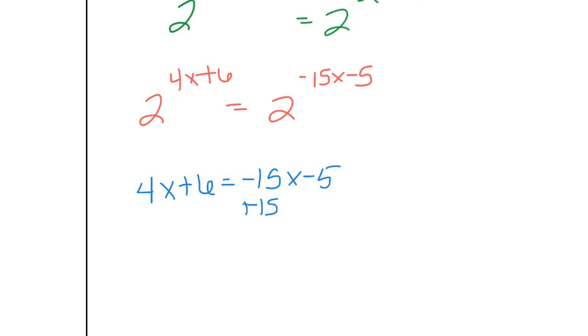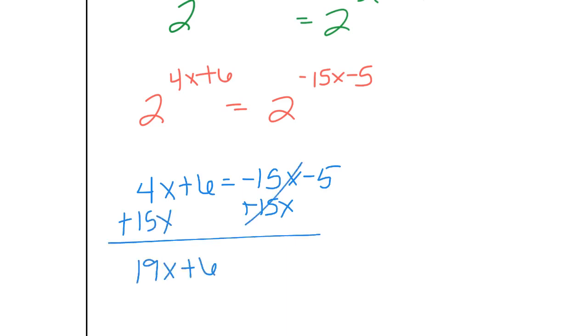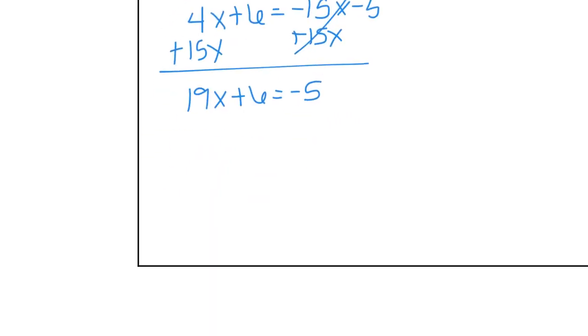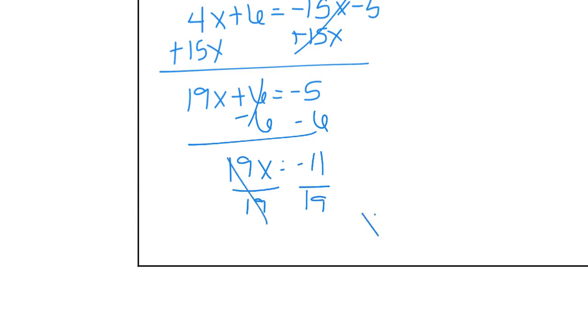Add 15x to both sides, get your variables on one side of the equation. Get 19x plus 6 equals -5. Subtract that constant, so 6, from both sides. 19x equals -11. Divide by 19. x is equal to -11 over 19.